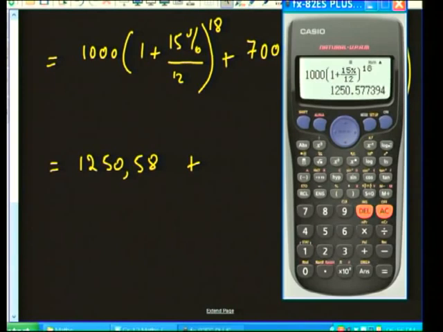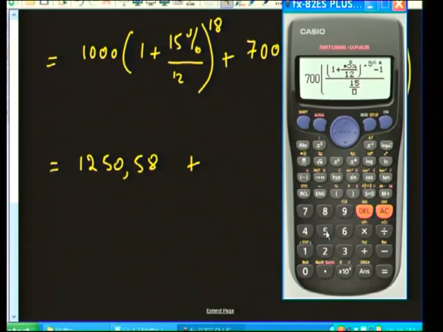If we pop the next bit in, once again, she's putting away 700 Rand every month. Now, that's a beautifully large fraction. On the top line, we've got our 1 plus, and here we can go our 15%, and we've got to divide by 12 because it's monthly, and there are 18 deposits, and the formula says subtract 1, and at the bottom we're going to pop in another fraction.